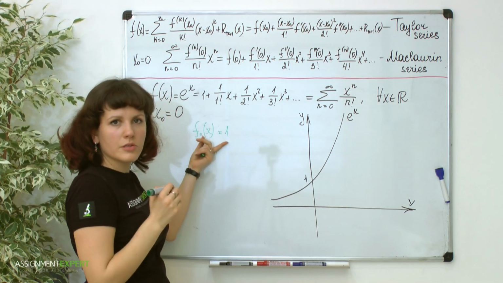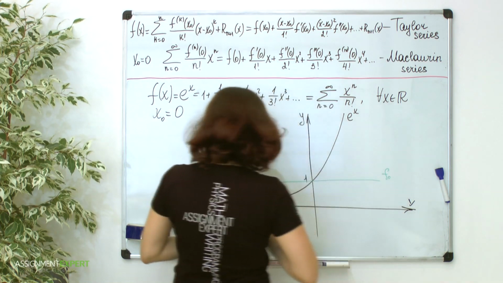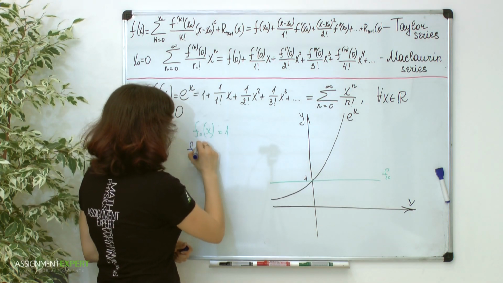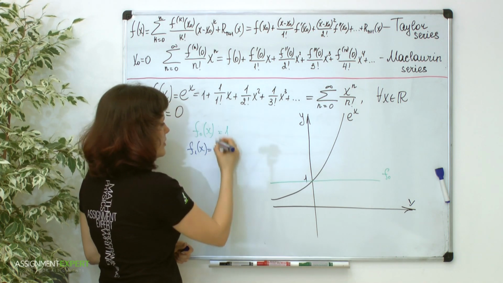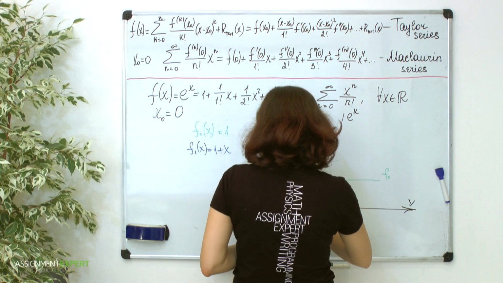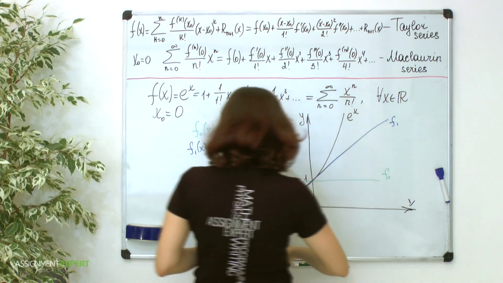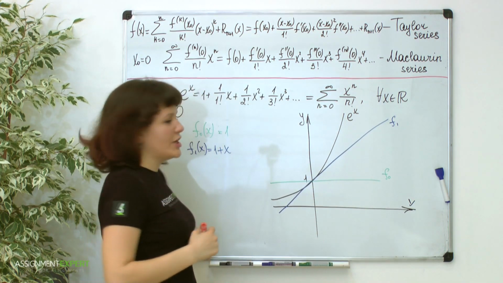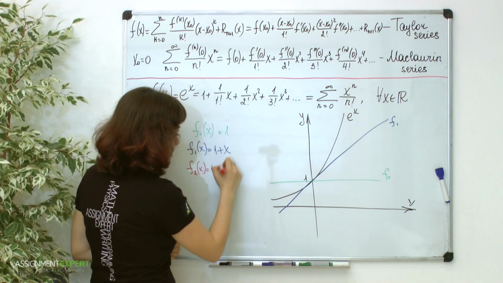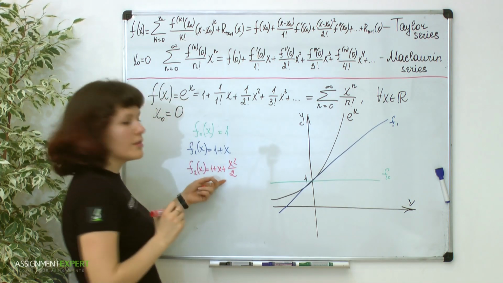And this is a horizontal straight line. The first-degree approximation function f1 of x equals 1 plus x. And this is also a straight line. The second-degree approximation function f2 of x equals 1 plus x plus x squared over 2. And this is a parabola.